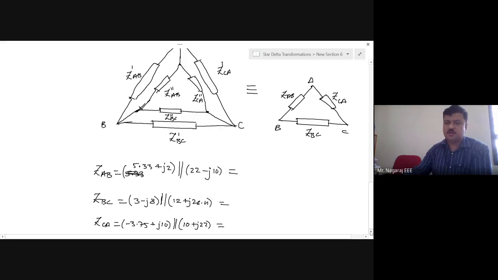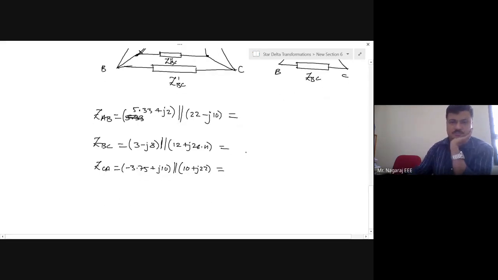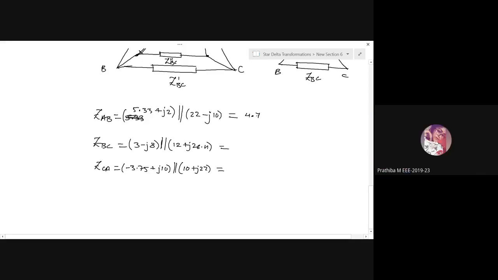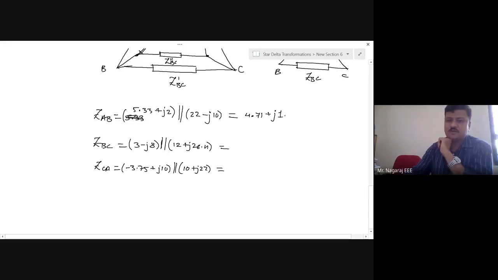Yes, please calculate and tell the answer. 4.71 plus J1. ZBC is 6.8 minus J8.4. Is it right?